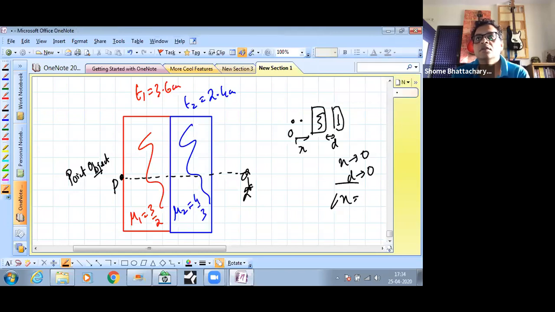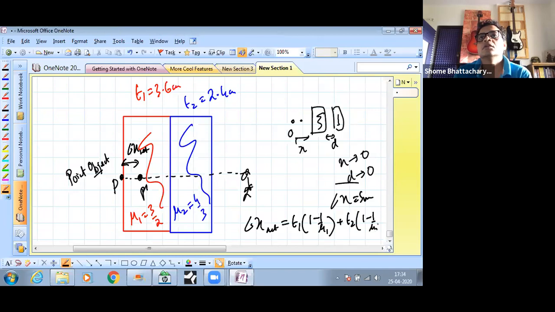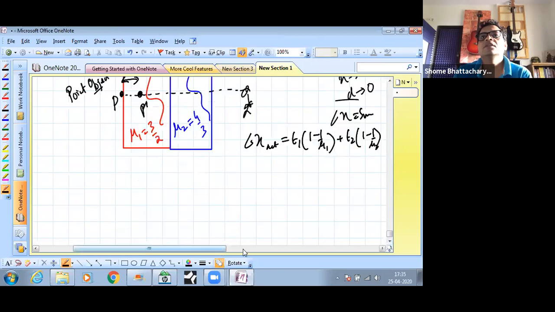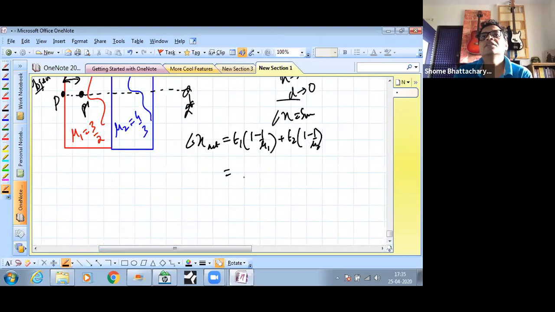So this is the same. Here also my delta x net, so my image of that point will appear somewhere here, where this lateral shift I can just calculate by that formula. If you put the values and calculate it here, we have taken this thickness as 3.6 centimeters and refractive index as 3/2, so this will become 1/3 of this.